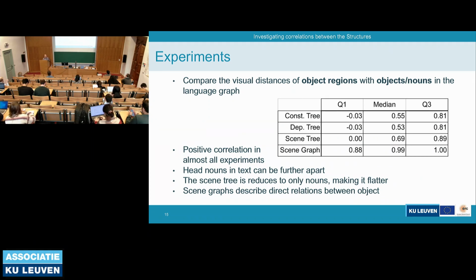While the scene graph is generated directly from the image data by describing it, it's also very dense and there are many relations. So you could expect that some of the distances in the graph might appear further than they are actually in the image, or shorter because there are so many pathways through the graph. But no, it appears that they are very correlated here.